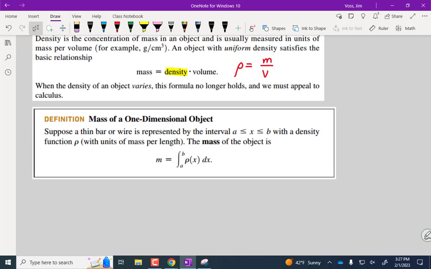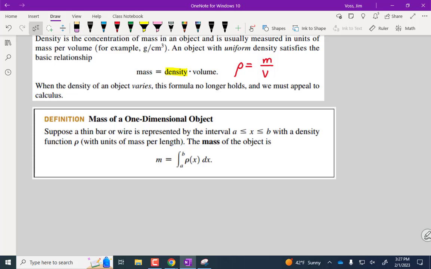If along a wire or in a solid there are different densities at different points, then we need an integral to get to the mass from the density. If the density is uniform, you can just multiply and it's simple. But if density is not uniform, we have to integrate.